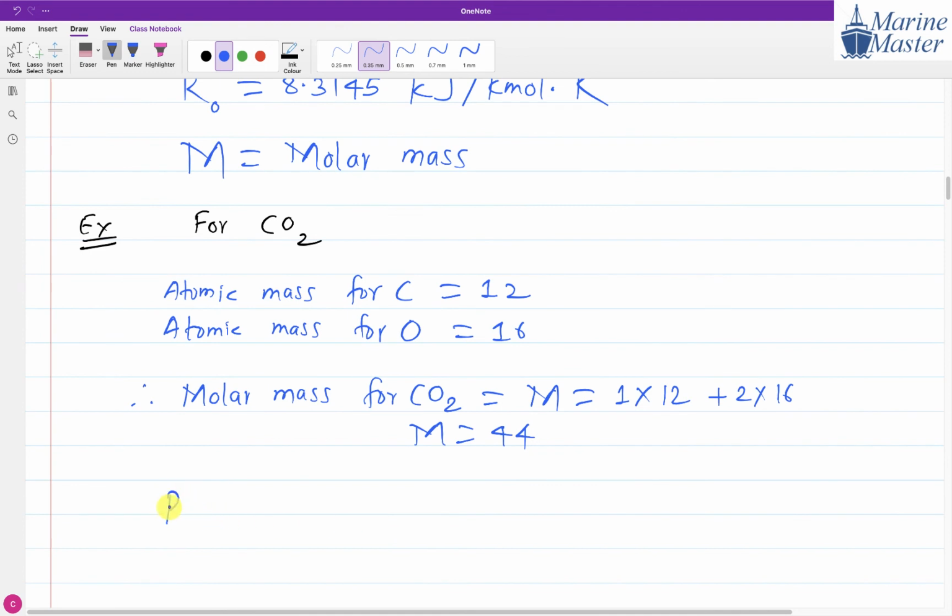And what will be R? It will be RO divided by capital M, so RO is 8.3145 divided by 44.